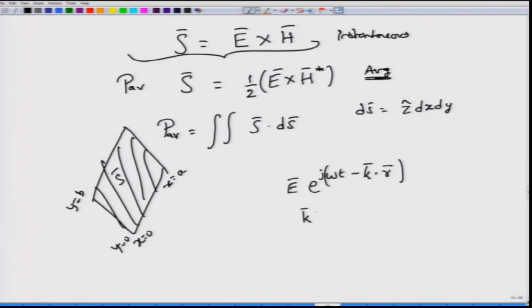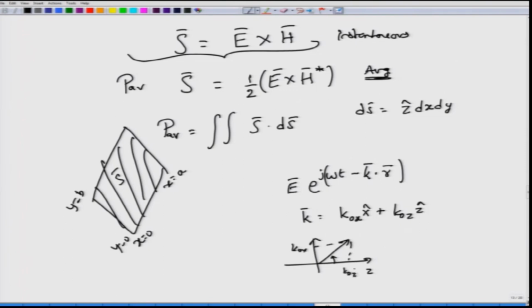So, what it means is that k can be k0x x hat plus k0z z hat. In the previous case, we had considered only that k would be directed along the z axis. In this case, I am considering the k vector to be at a certain angle with respect to the z axis, having a value along x and a value along z.